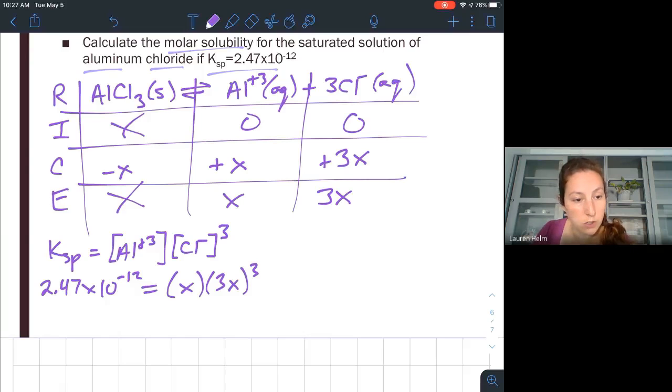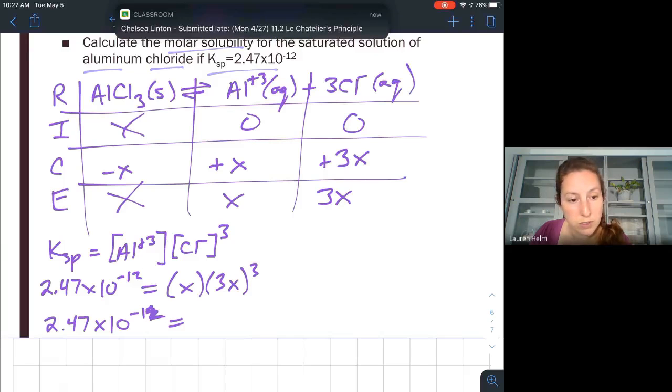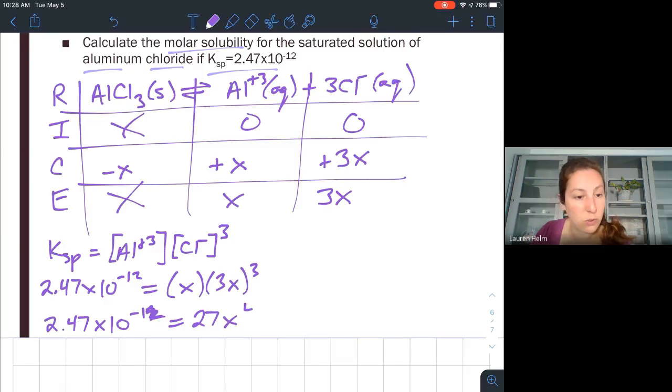And then we're going to start solving for x. And so that's going to be, 3 cubed is 27, x cubed, and then x times x cubed, we have 27, x raised to the 4th. Divide both sides by 27.